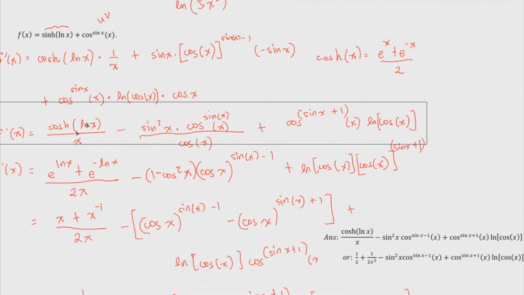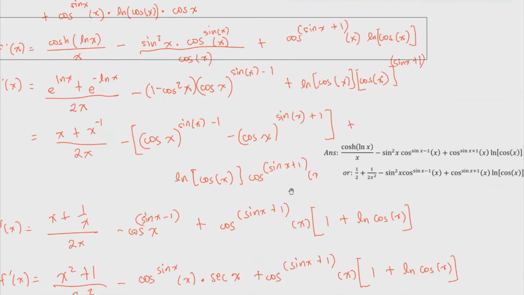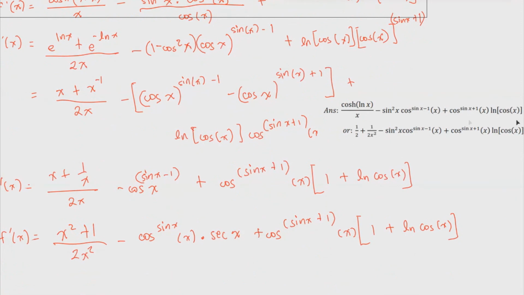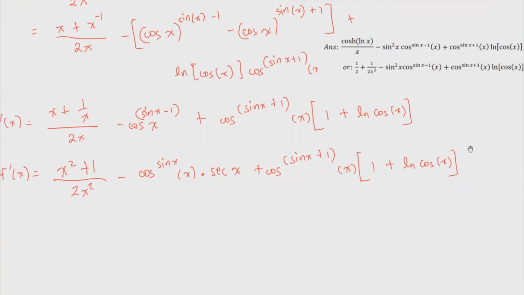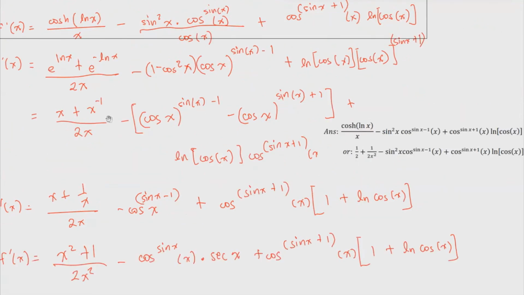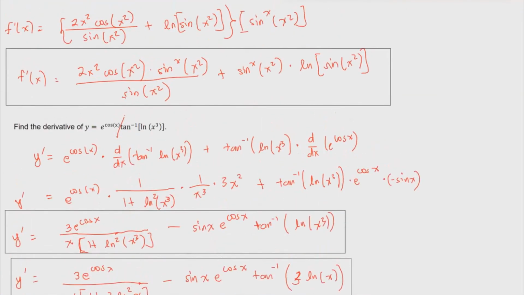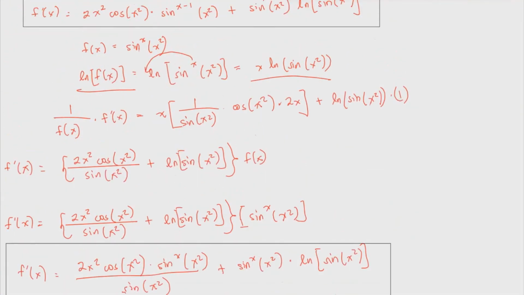For example, in this case, I don't want to see any hyperbolic function, so you need to simplify this further in terms of exponential. So in this case, this narrows down into this kind of expression. Okay, so I think I'm done with the transcendental functions.